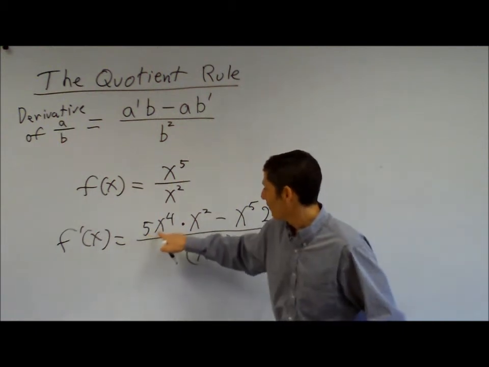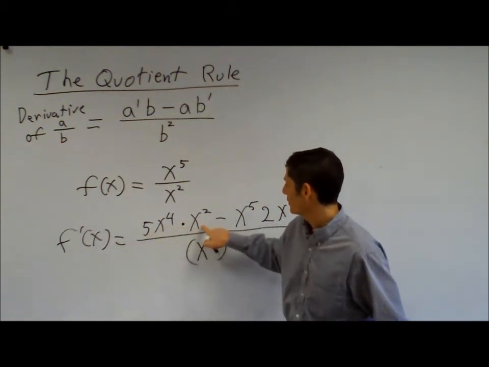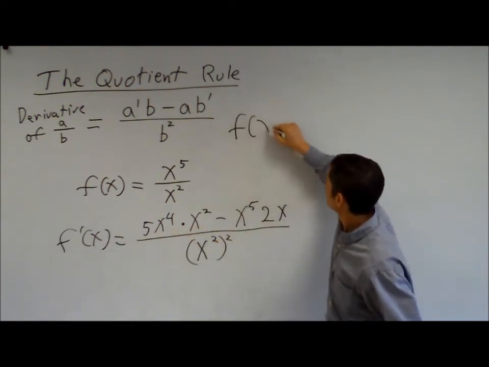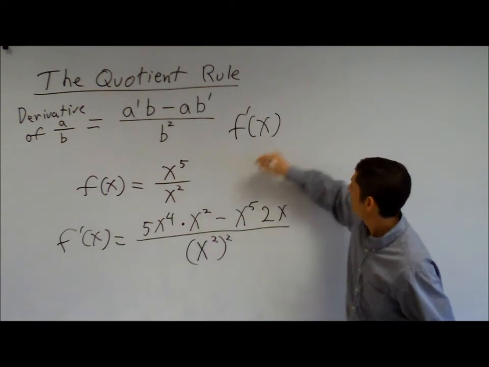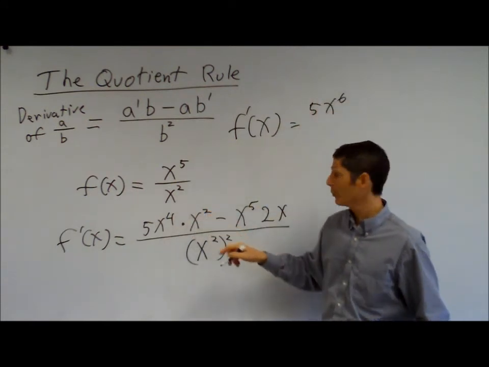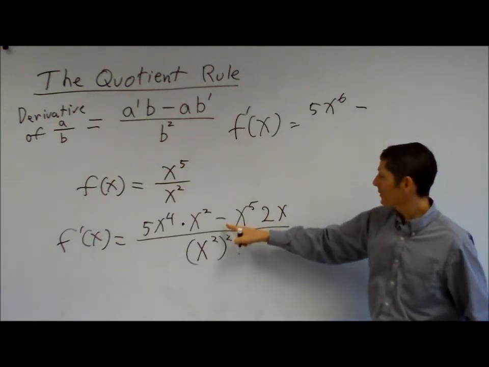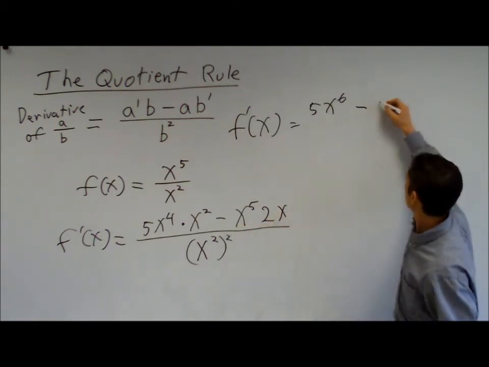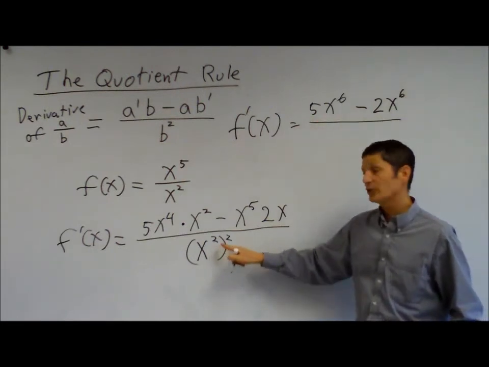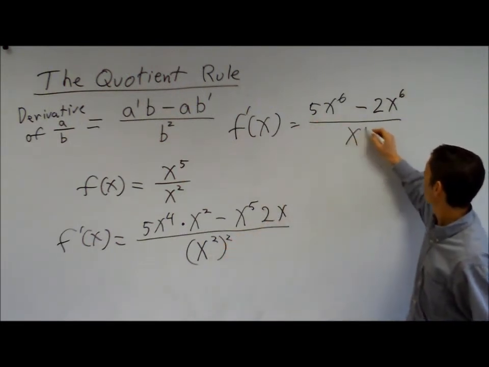Let's do. So I have 5x to the 4th times x squared, right? I'm just adding exponents here, so that would give me 5x to the 6th. Minus, this is a 2x to the 6th. Interesting. x squared squared, that's of course x to the 4th.